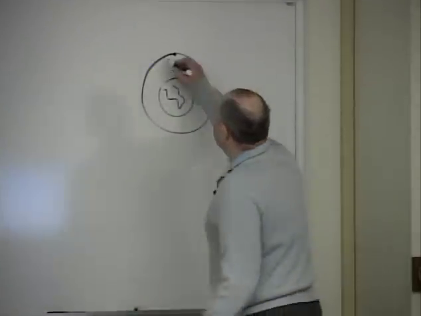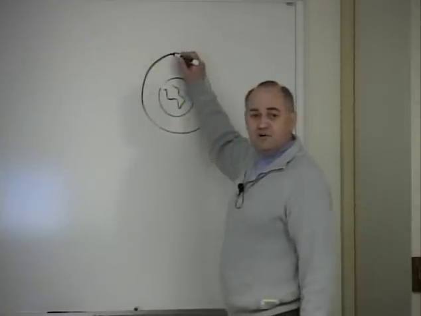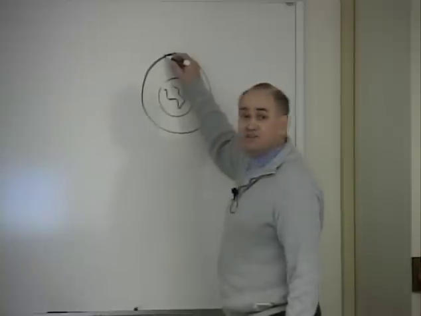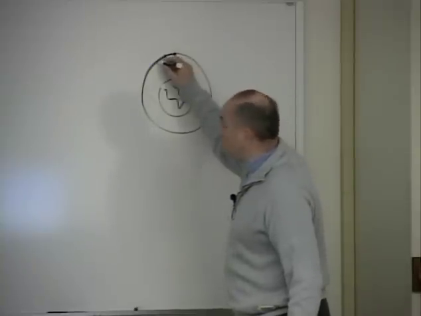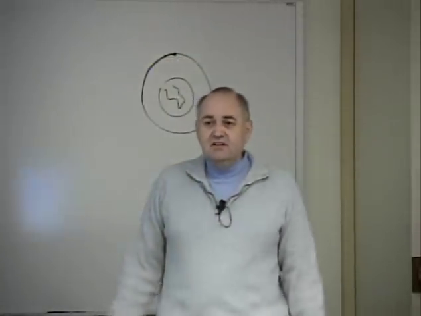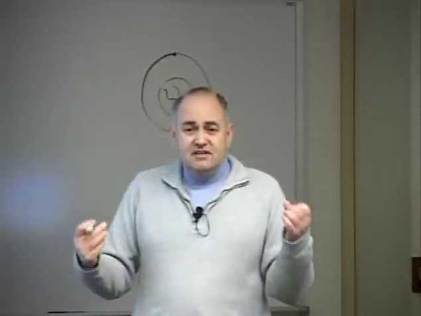And let me remind you, think about how much work was done if the pen moved from this location to this location, and then from this location to this location. We have to divide the path into small pieces and consider work done along each of those pieces, differential pieces.